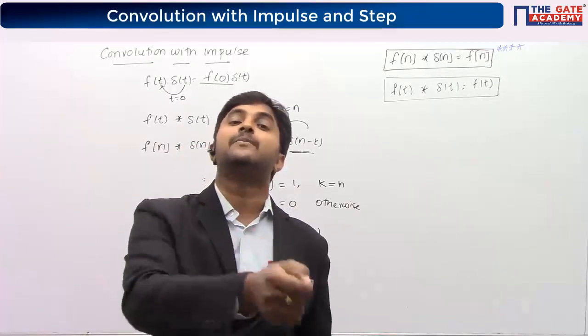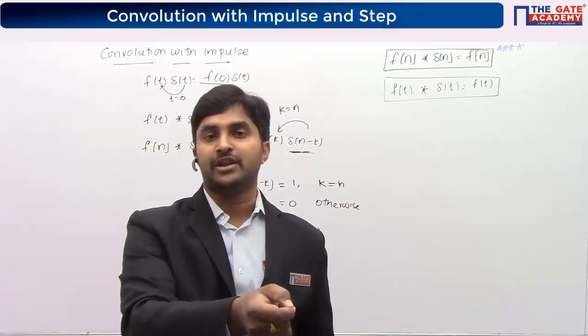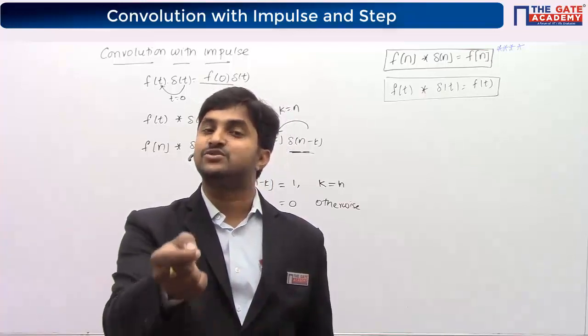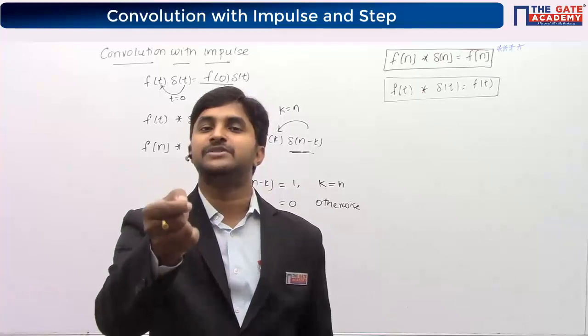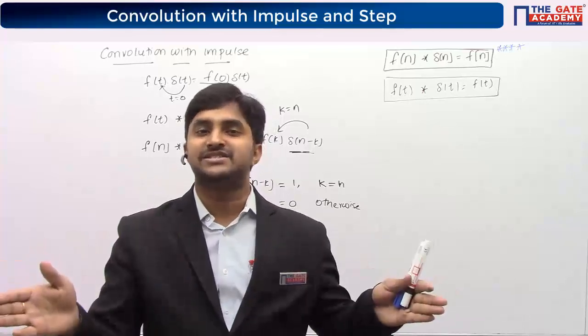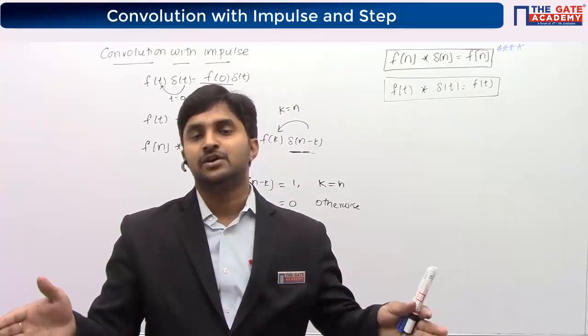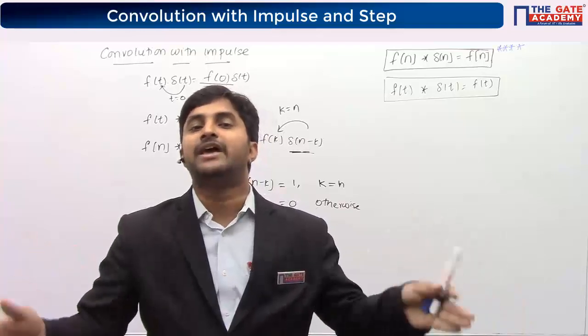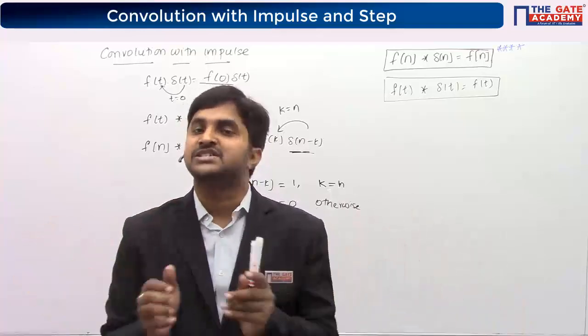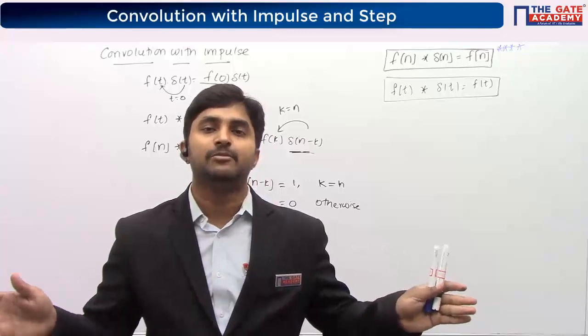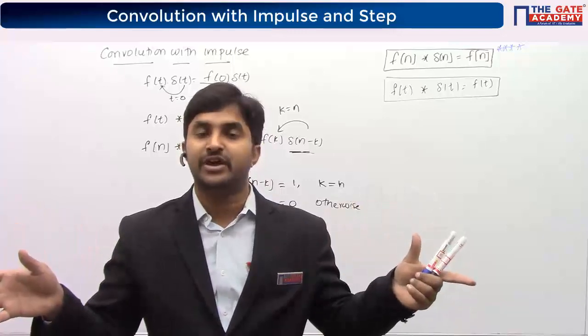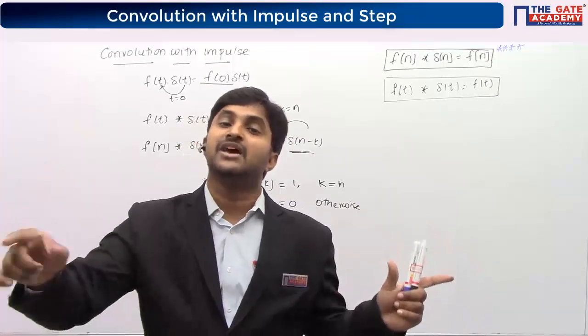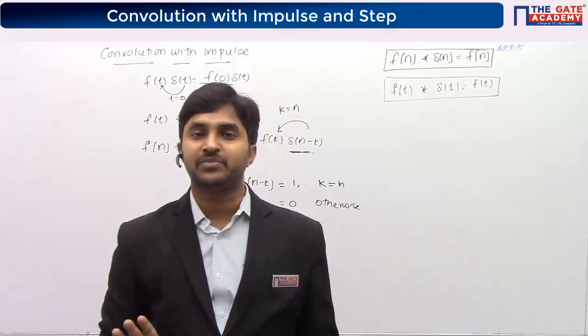It will result in a sample of that signal wherever you are having an impulse, because the impulse exists only at that instant where the impulse is occurring. In the remaining instants, nothing is there in the case of an impulse. So the signal also becomes 0 because of the multiplication at the remaining points where we don't have an impulse.